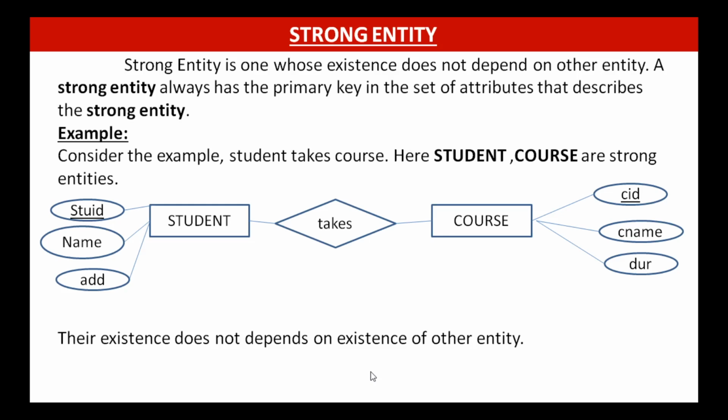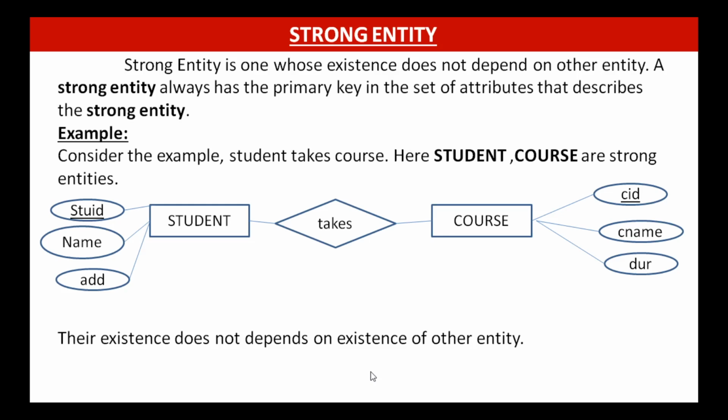Let's see what a primary key is. Every table, every entity has some attributes. Among those attributes, one or a combination of attributes is used to identify each and every row uniquely. That attribute is known as the primary key.